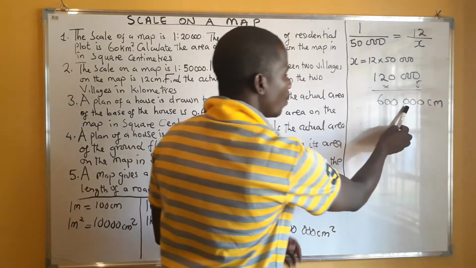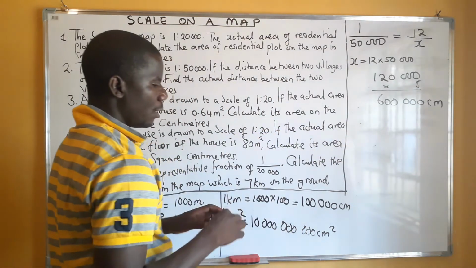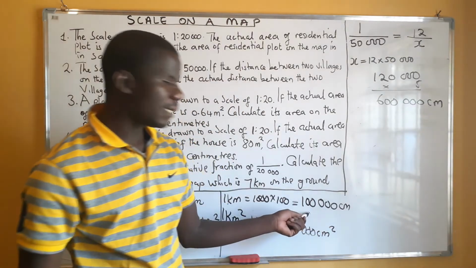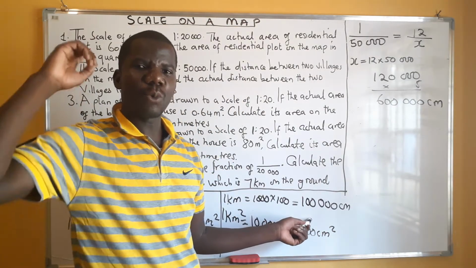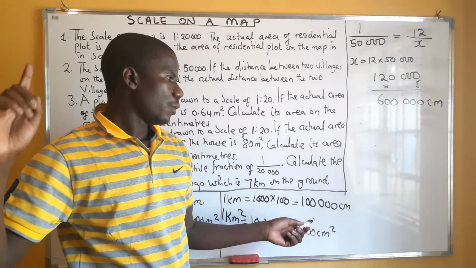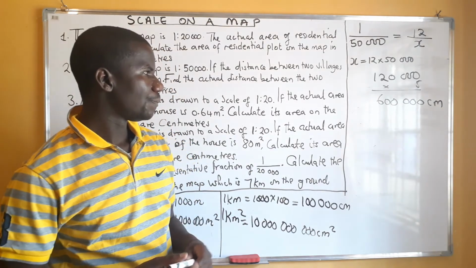So to bring this to a kilometer, we need to divide it by the number of centimeters that are in 1 kilometer, which is 100,000.